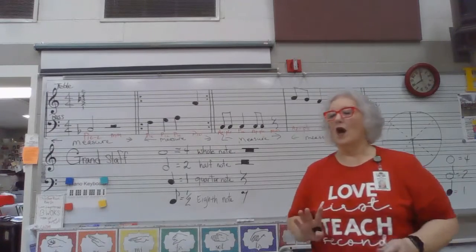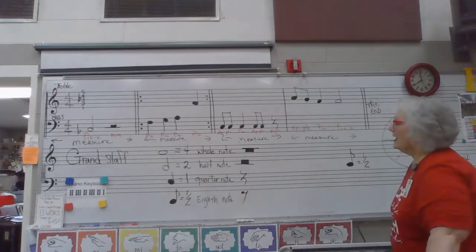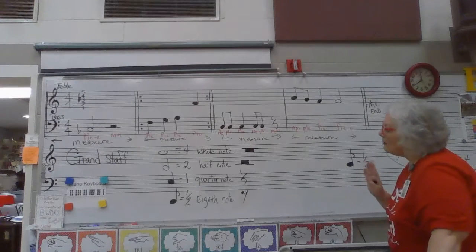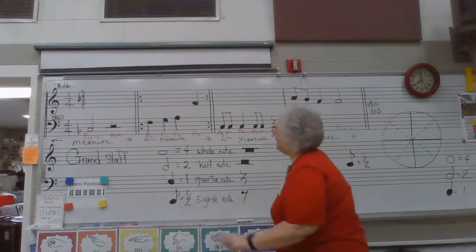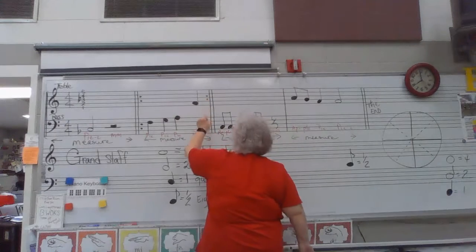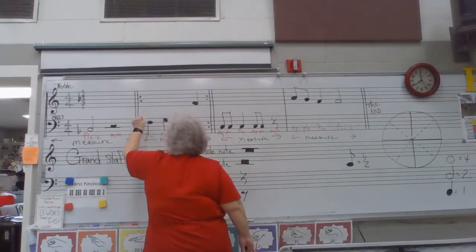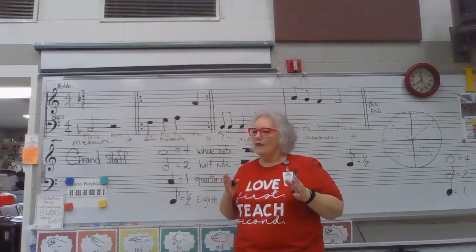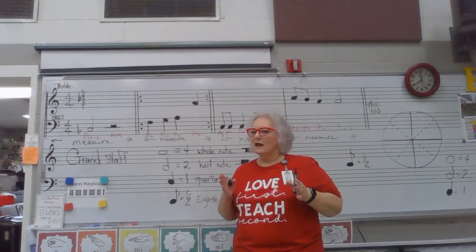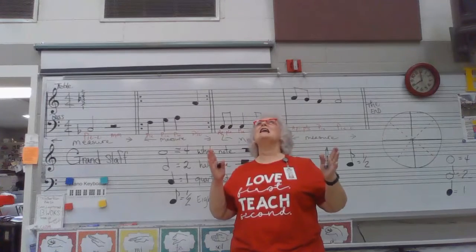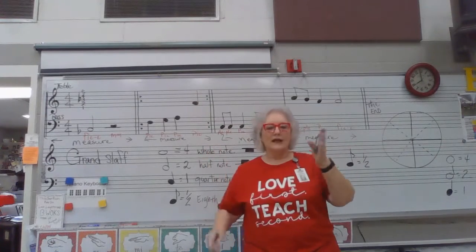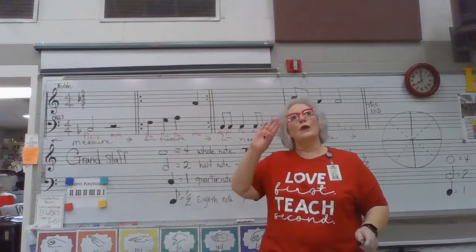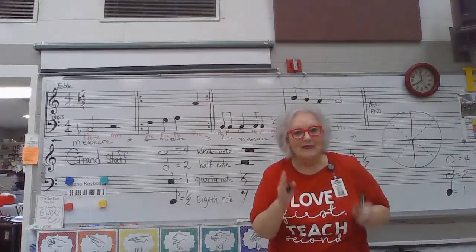All right. Now let's look at the other double bar lines. We have the double bar lines here, but they have 2 dots here, 2 dots here. Can anybody remember what that means? Oh, yes! Hallelujah. Yes, it means to repeat. So we're going to repeat that one measure.